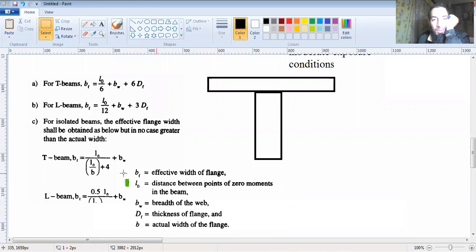So your L naught first is the distance between points of zero moments in the beam.